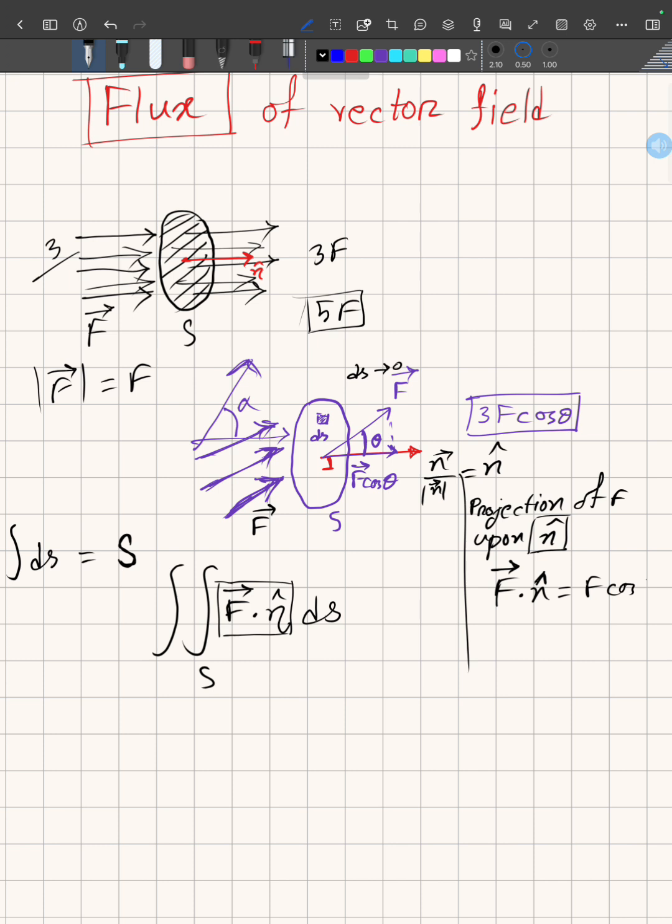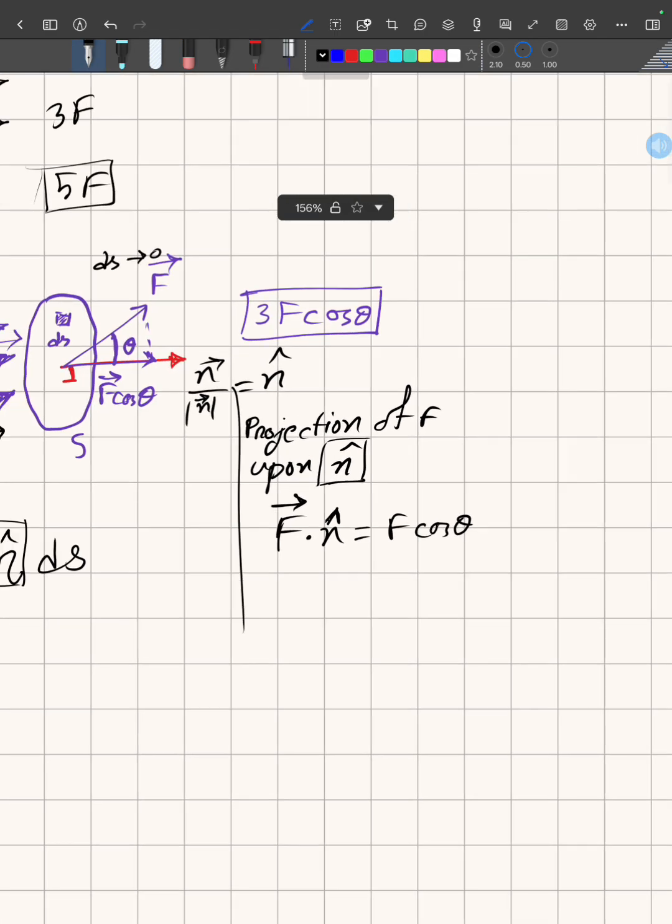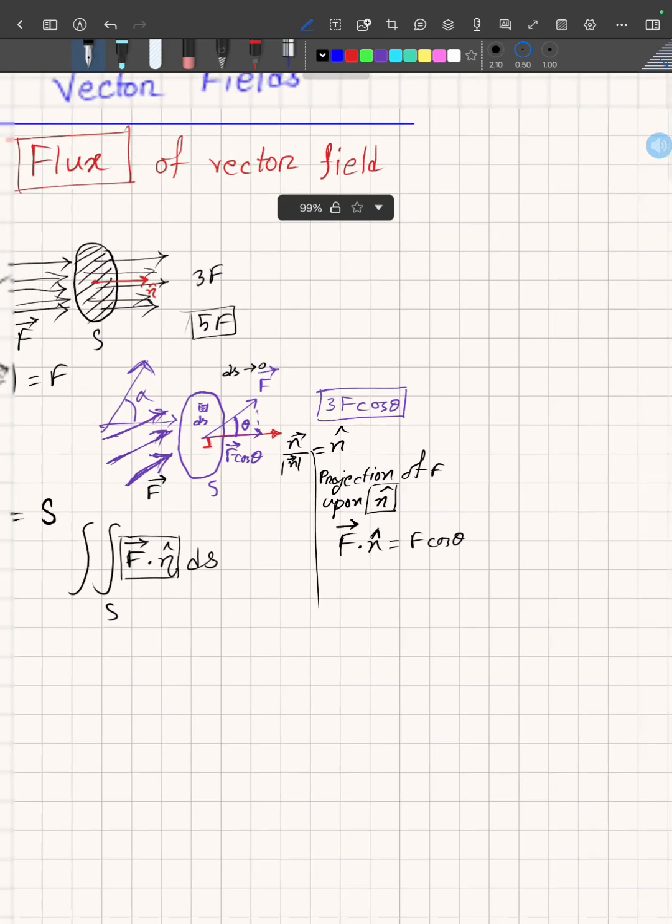Now why did this appear here? Because F has its value F and n has its value 1. So 1 times F is equal to F, and that's the cos theta, the angle between them. This is the definition of the dot product of vectors. You can look that up if you are not familiar with it, but I guess at this point you already know that. So that's the F cos theta.